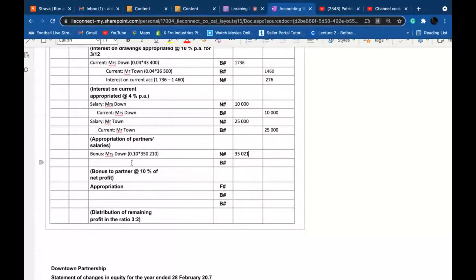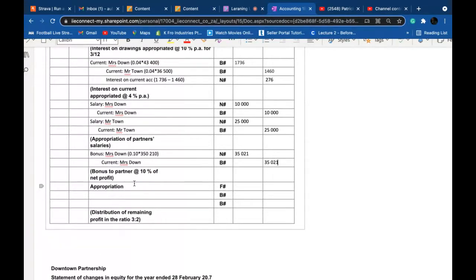All right, cool. Then we also have, obviously we need to reward her via her current account. And it's for the exact same amount, 35,021. Okay, all right, there you can see the narration. Bonus to partner at 10% of net profit.